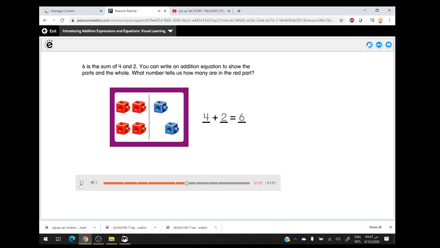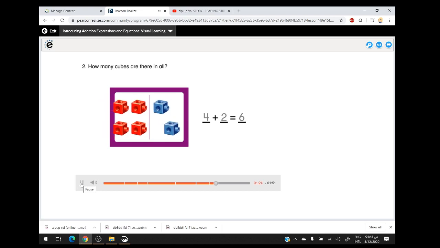You can write an addition equation to show the parts and the whole. What number tells us how many are in the red part? Select your answer. 4. What number tells us how many are in the blue part? Select your answer. 2.